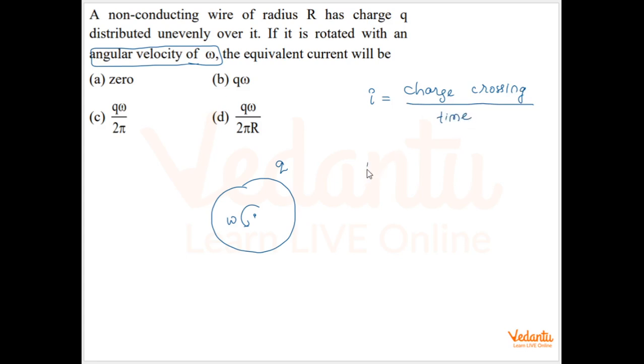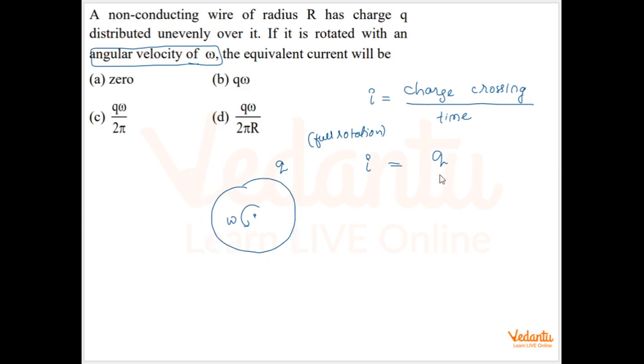Now my dear bachcho, if I talk about one full rotation, the charge crossing will just be equal to q, because in one full rotation the amount of charge that will cross a cross section will be q.